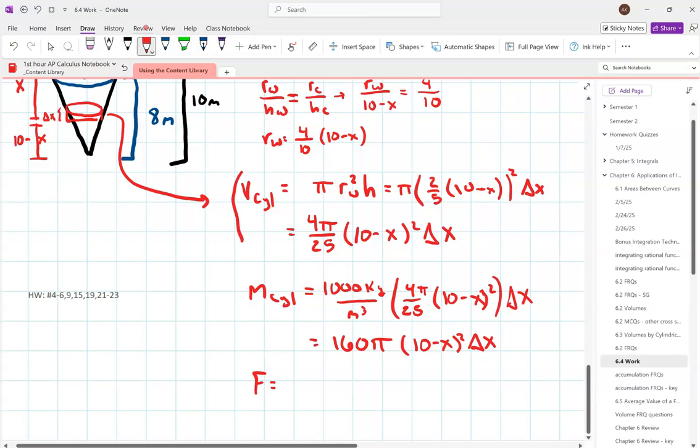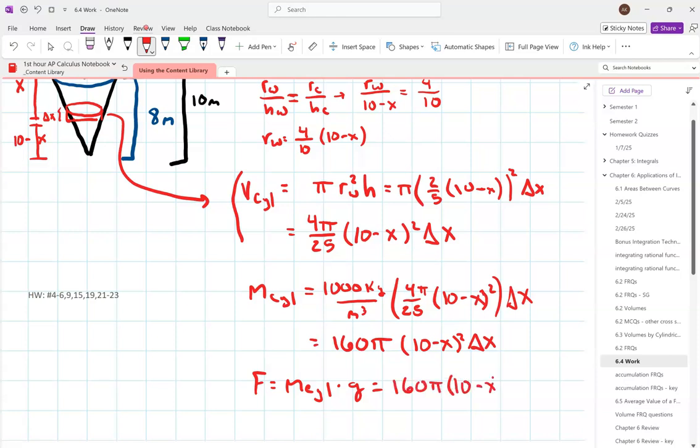So my force then is the mass of that cylinder times gravity. So that's going to be about 1568 pi times 10 minus x squared delta x.